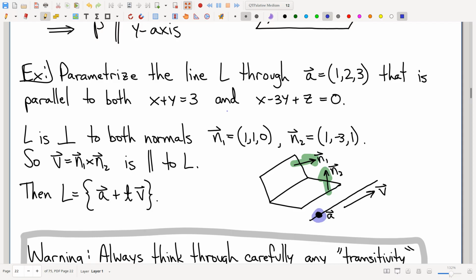Let's see here, how to make a parameterization. How do we parameterize a line? Flashbacks to last week. To parameterize a line, you need a point on the line. We already have that. Sweet. And then I need a direction vector. I need a vector parallel to the line. Everybody on board so far? So the breakdown then is, this is what I have, this is what I need.